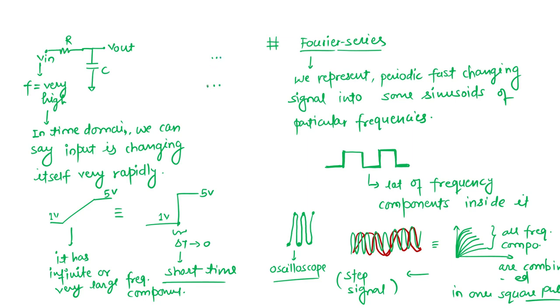So for a sinusoid of very high frequency, only two states are actually readable or visible: lowest state, highest state, lowest state, highest state. What is happening in between we cannot say, because the frequency is very high. So this is the only meaning.